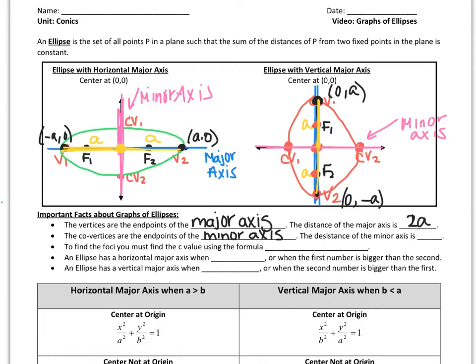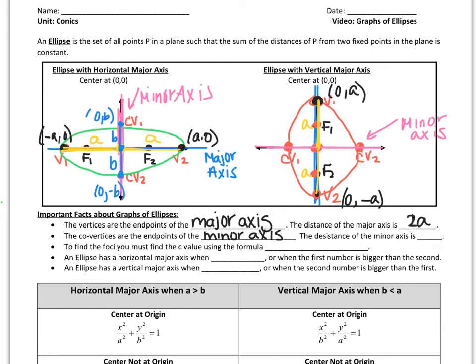Now we said our co-vertices are on the minor axis, and we use the letter B for those. So the distance from the center to one of the co-vertices is B, and the center to the other co-vertice is B. So this point up here would be (0, B), and this point down here would be (0, negative B).